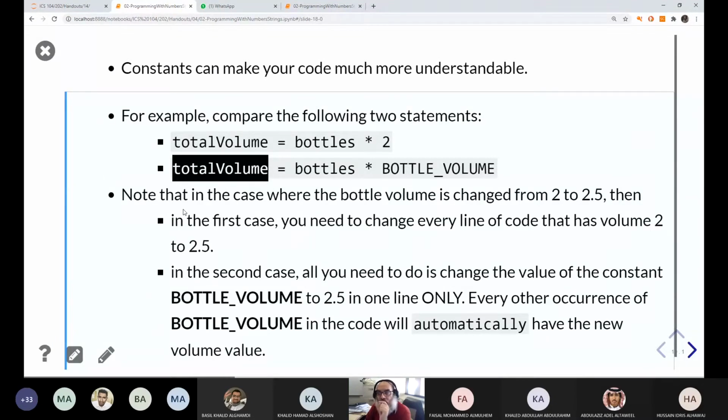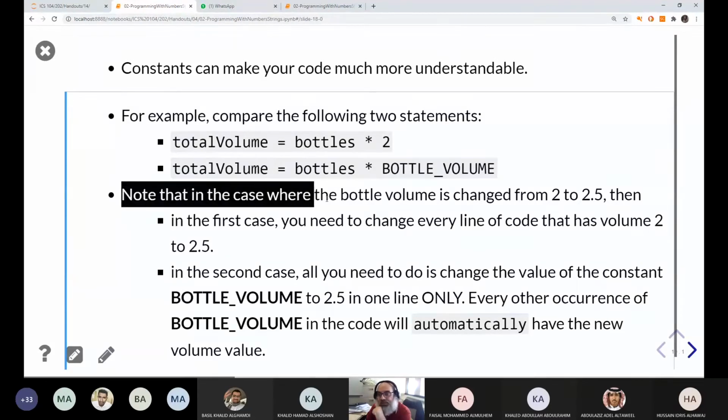Now, that is not the only benefit of defining constants. There is an even bigger benefit, and this is evident here. What happens if the bottle volume is changed from 2 to 2.5? Assume that the company that makes this soft drink decided to use bottles of volume 2.5.